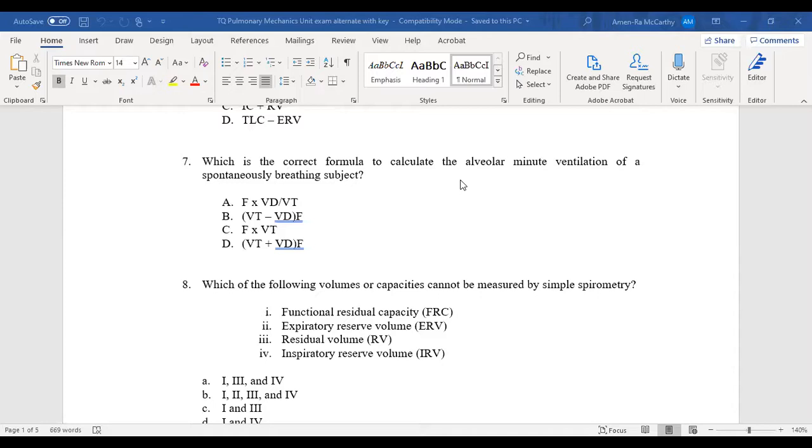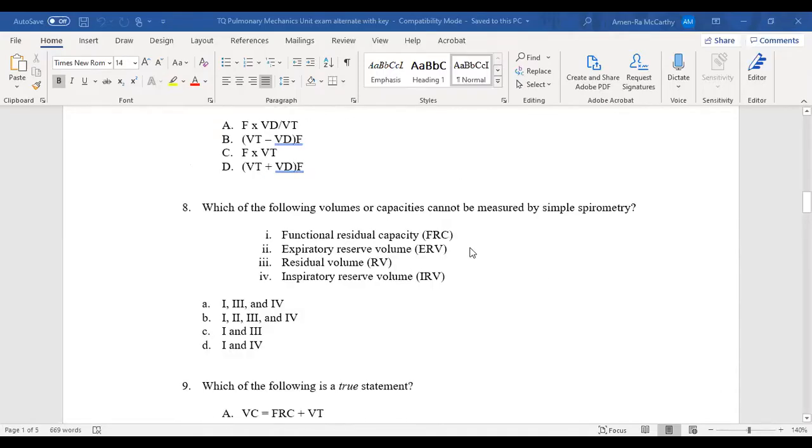Good, Kayla, that's right. I think you said the same thing, Miss Scott, unless that was your last answer. Ms. Tabor, still need to look at it again. Alveolar minute ventilation, Miss Rose, that's good. Alveolar minute ventilation is frequency times tidal volume minus dead space. Tidal volume minus dead space times the frequency. Just because the F is on the other side does not make it wrong. It's still mathematically correct. Okay.